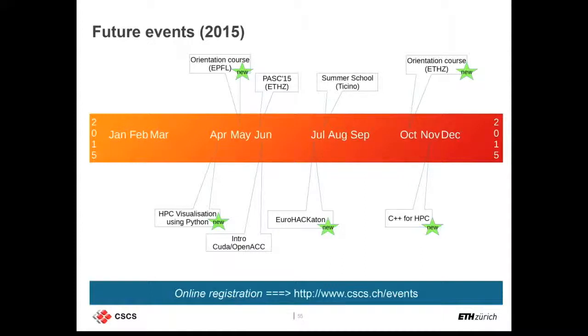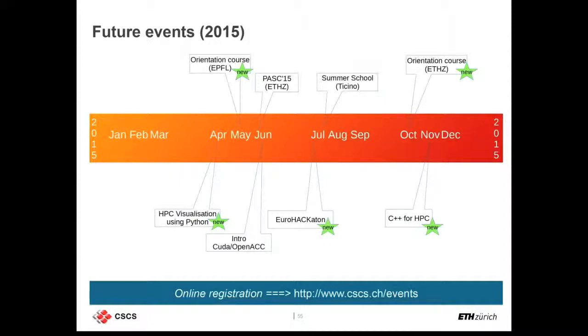Just after, in June, we will have an introduction course to CUDA and OpenACC, followed by the EuroHack, which is a workshop for people who want to port their code to the GPU using OpenACC. You will have more details on the website, and the deadline for registration is the end of March.